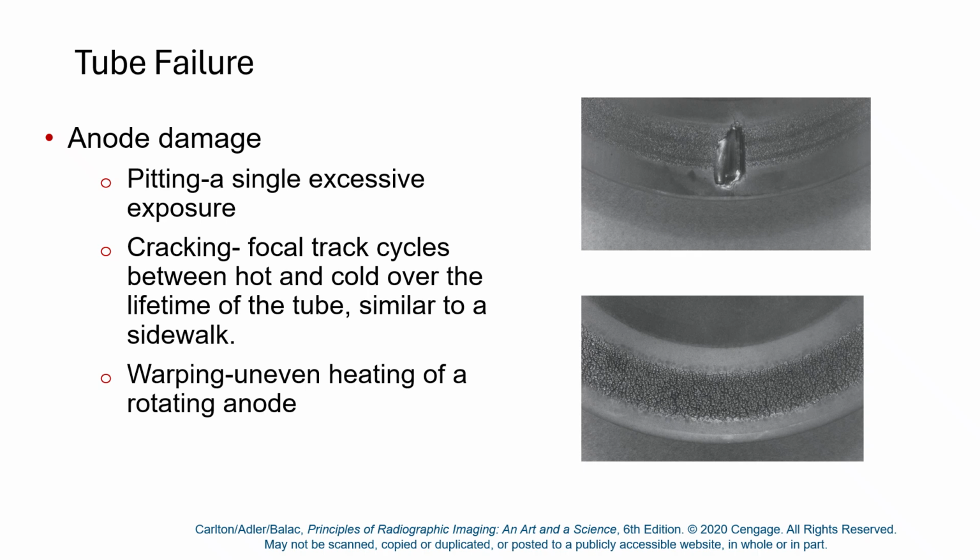Once you get nooks and crannies, like you see in the bottom picture, then you will increase the amount of off-focus radiation, because you will get x-rays made inside those channels and cracks. And then rather than a smooth surface, they're coming off a pitted surface, and so you get more x-rays heading in a completely wrong direction than what you intended.